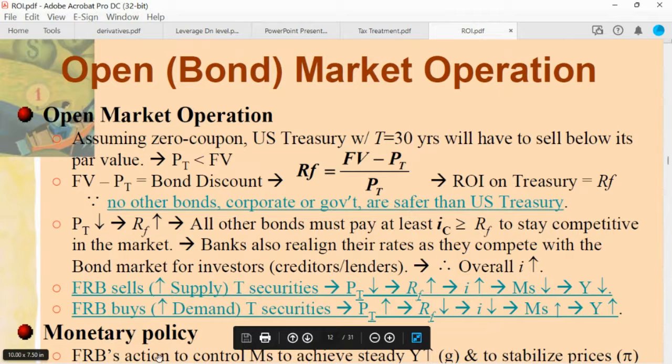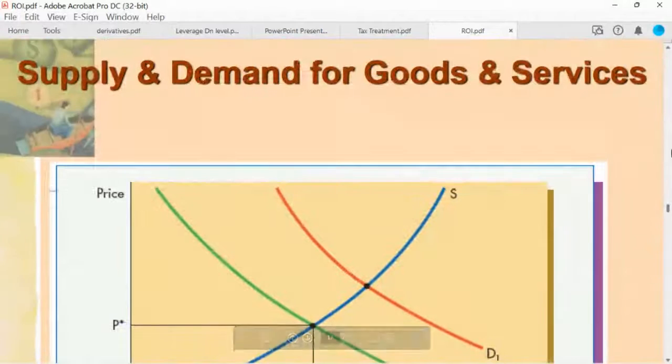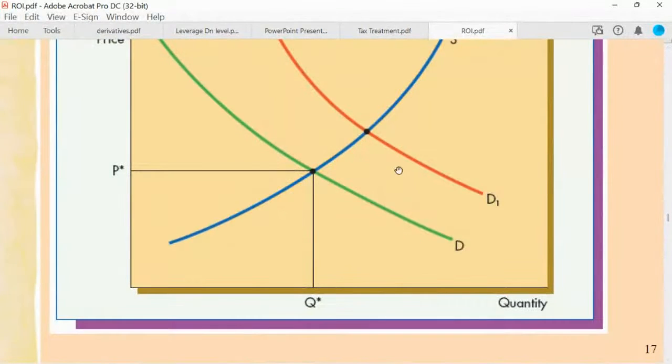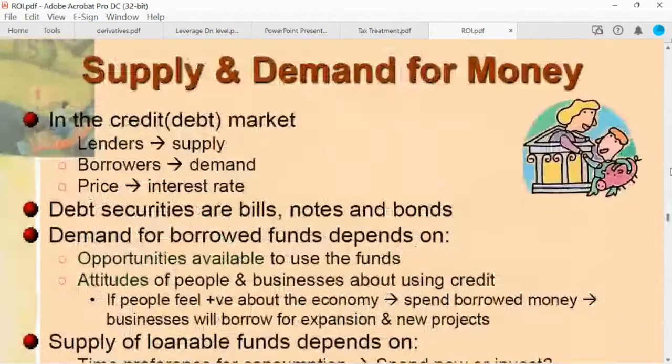Now, there are only two reasons for any price to go down. Think about it. It is like this. Price will go down when either demand, this is not the right picture.